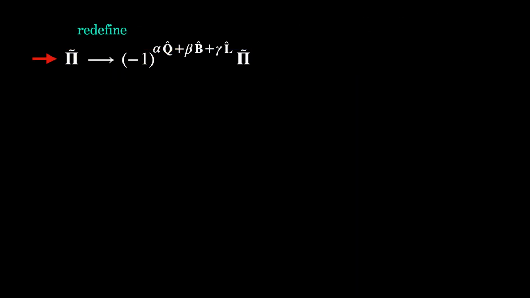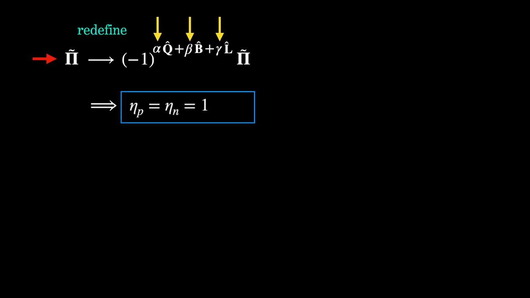Thus we have shown that by choosing the appropriate linear combination of the charge, baryon, and lepton number operators in the prefactor of parity, we could set the parity of the proton, neutron, and electron all to 1.